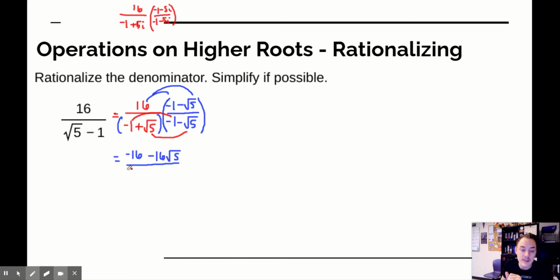So negative 1 times negative 1 is 1. Negative 1 times a negative radical 5 is a positive radical 5. Positive radical 5 times negative 1 is a negative radical 5. And then positive radical 5 times negative radical 5 is negative 5. I don't know why I put a 2 there.